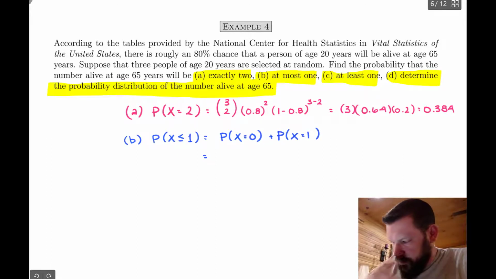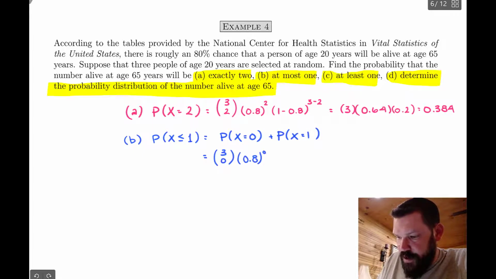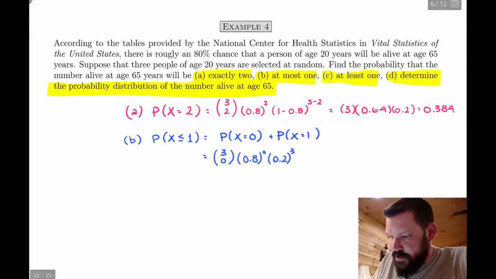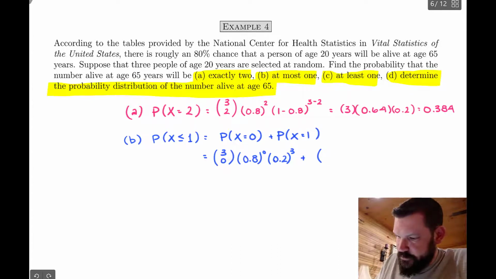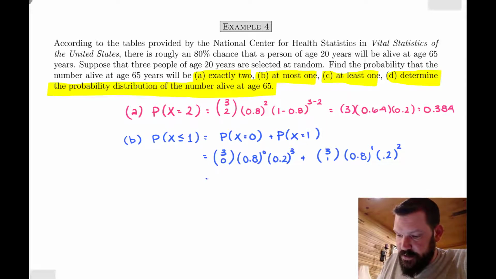And when we compute those values, the probability that x is 0 is going to be 3 choose 0, 0.8 to the 0 power, times 0.2 to the third, 3 minus 0 is 3, plus 3 choose 1, 0.8 to the first power, 0.2, 3 minus 1 is 2, and we will type this in and simplify it.